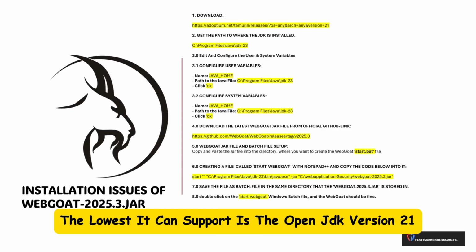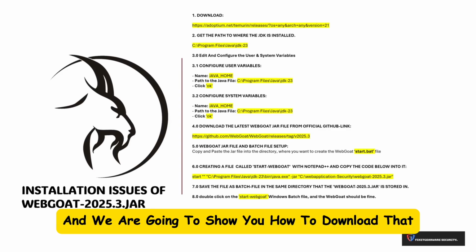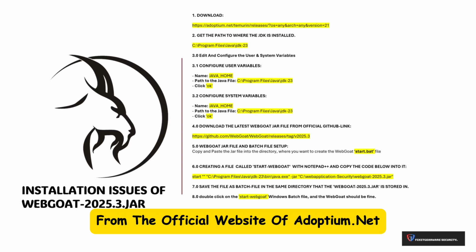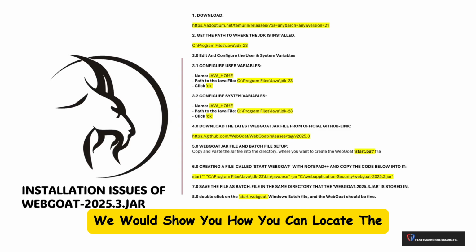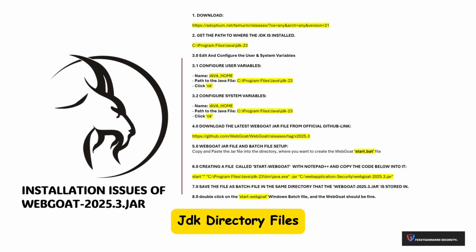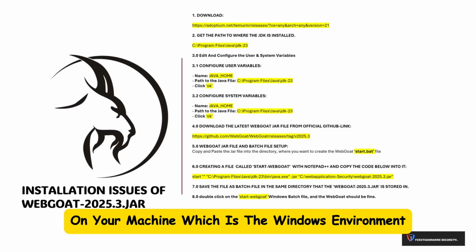So the lowest it can support is OpenJDK version 21, and we're going to show you how to download that from the official website adoptium.net. Then after that, we would show you how you can locate the JDK directory files on your machine, which is the Windows environment.